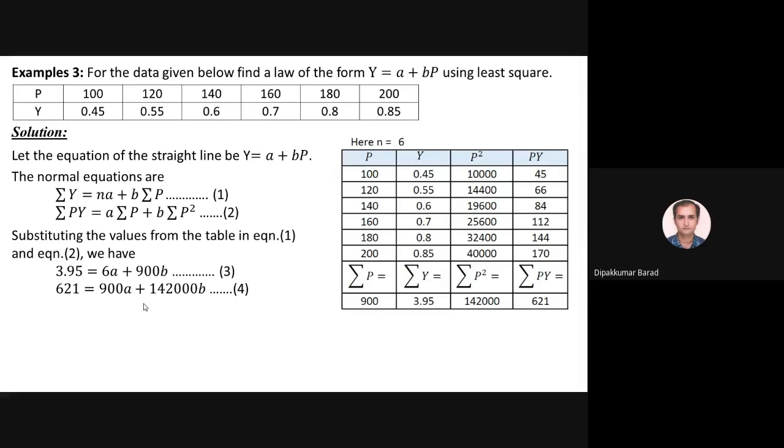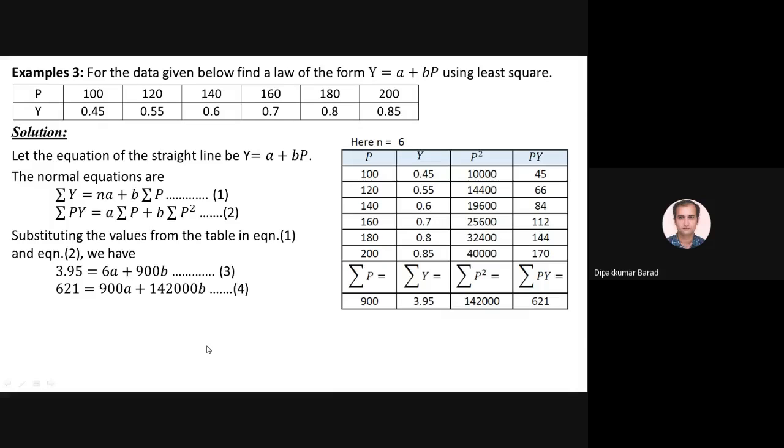What do you get for a and b? See, these are two linear equations.